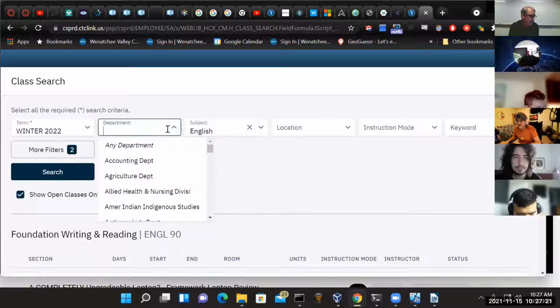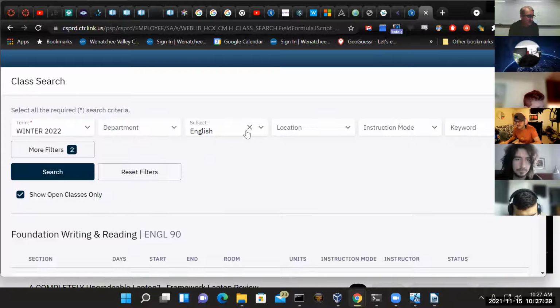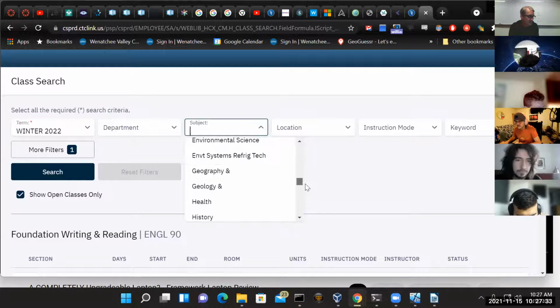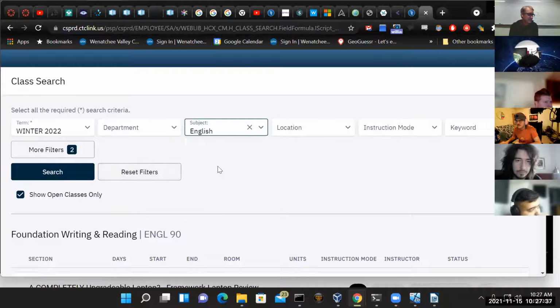I just did any department, and then subject was English. I left the second category open and just said any department. Like he's saying, you had English, and then English with the and symbol, and it's the first one. So then I did search. And I can uncheck and say I want to see all the classes, not just open classes.